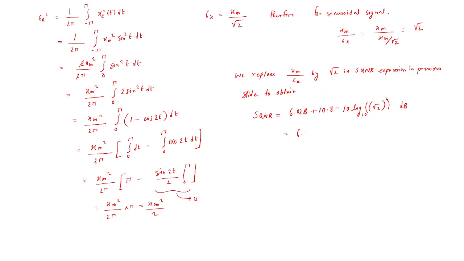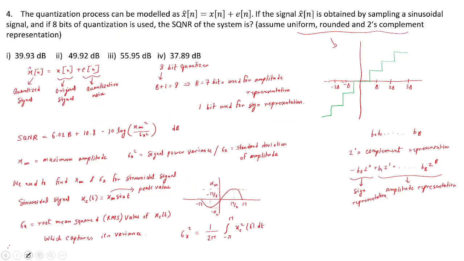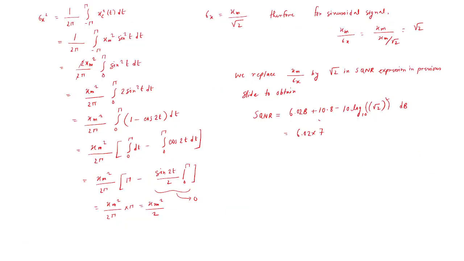So therefore it becomes 6.02 into b, which is equal to 7. By the way, we have seen for an 8-bit quantizer, the b we are concerned with, that is used for amplitude representation, is 7. That is one less. You must be careful with that.